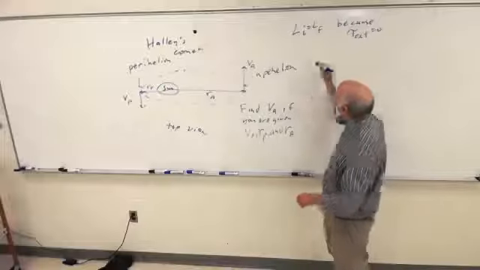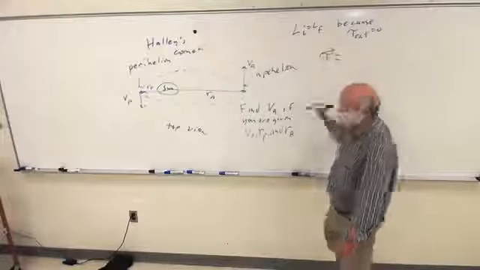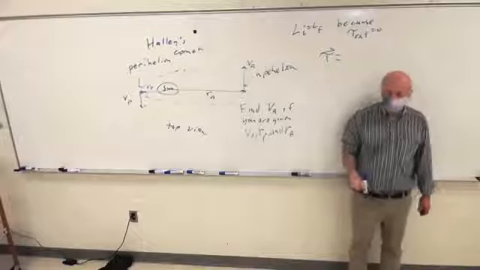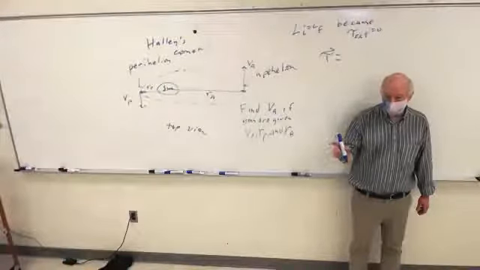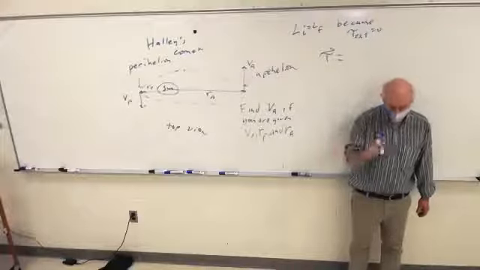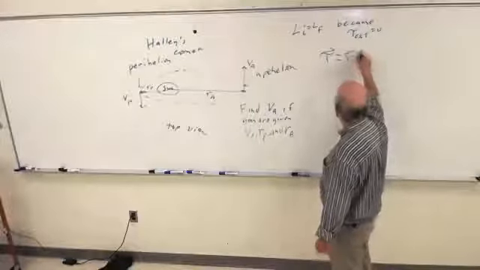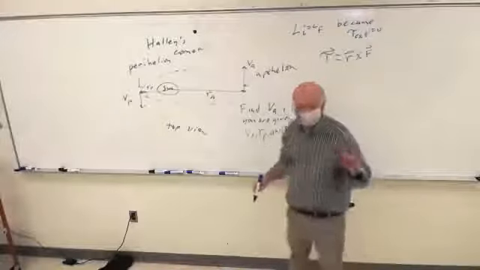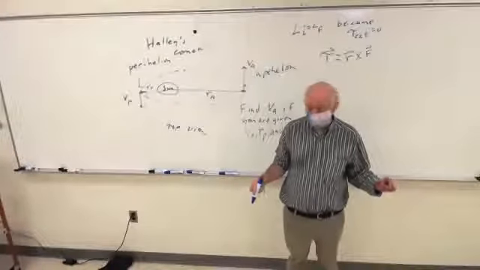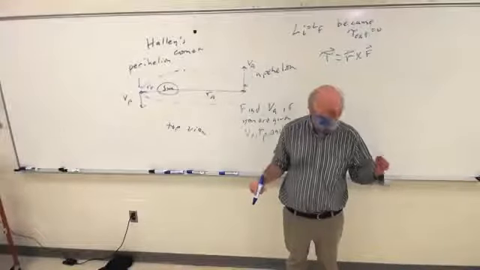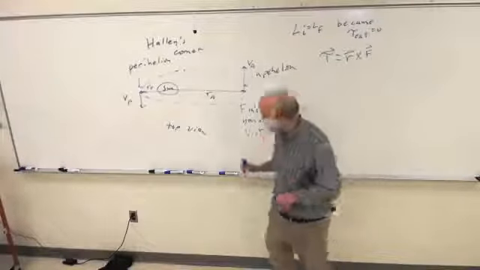First of all, how do you always calculate torque? R cross F. Now, what was R cross P? It's not torque. That's angular momentum. We're going to need that in a moment.